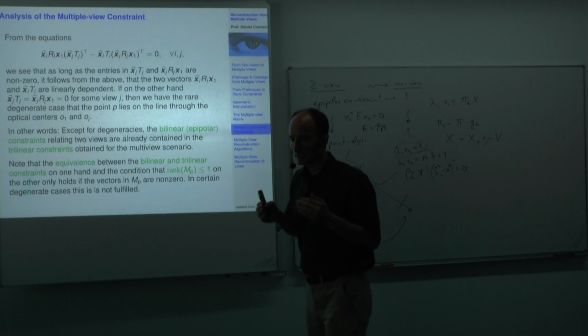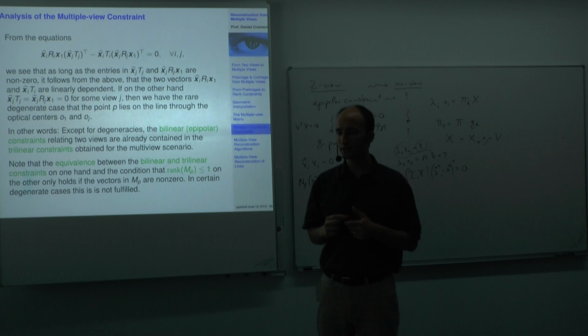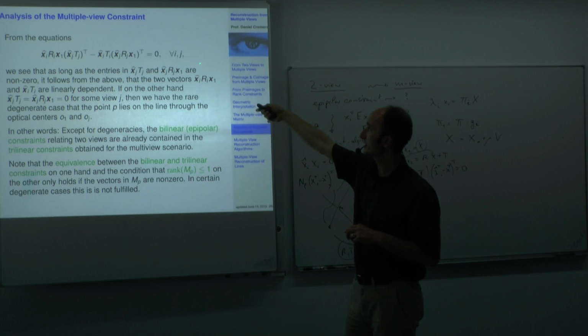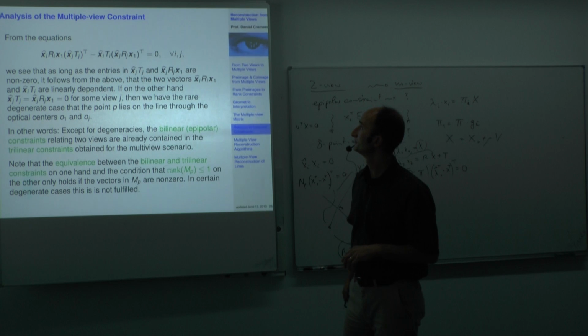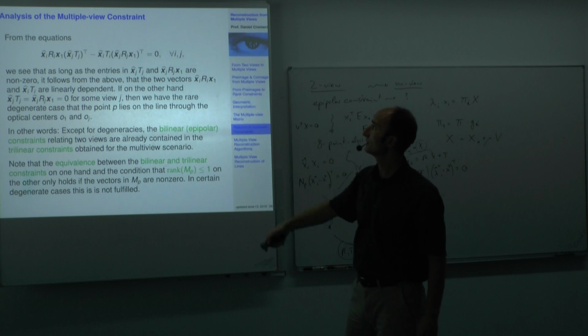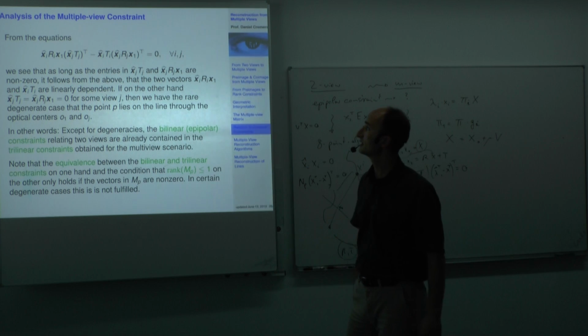And now we can get a little more into how these trilinear constraints relate to the epipolar constraint. So here are the trilinear constraints again. What they say is, as long as these entries xj hat tj and this one are non-zero, it basically means that the vectors xi hat ri x1 and xi hat ti are linearly dependent.